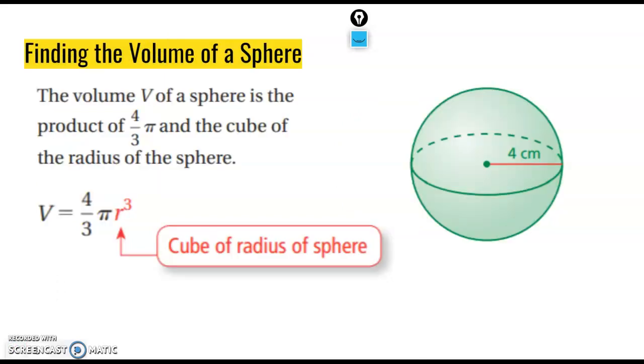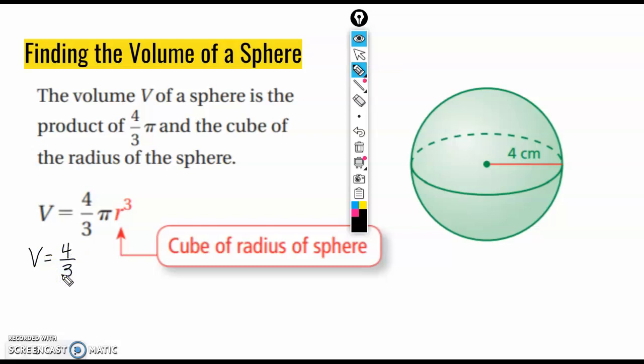Let's look at the example on the board. We have a sphere with a radius of 4 centimeters. We are going to apply our formula, 4/3 pi r cubed. We're going to replace pi with 3.14. We're going to replace our radius with 4 cubed, or 4 to the third power.